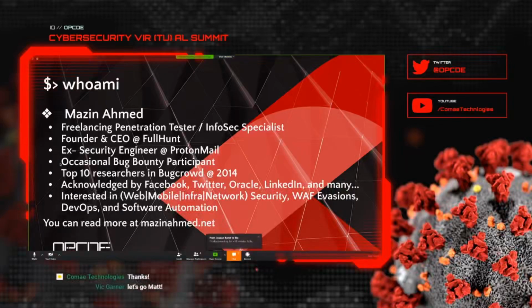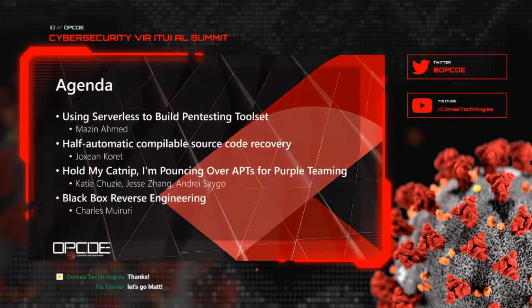In 2014, I used to be in the top 10 at Bugcrowd. I was acknowledged by Facebook, Twitter, and other companies for finding security vulnerabilities in their platforms. I'm interested in web, mobile, infra, security, WAF evasions, software automation, DevOps. And you can reach me at mazinahmed.net.